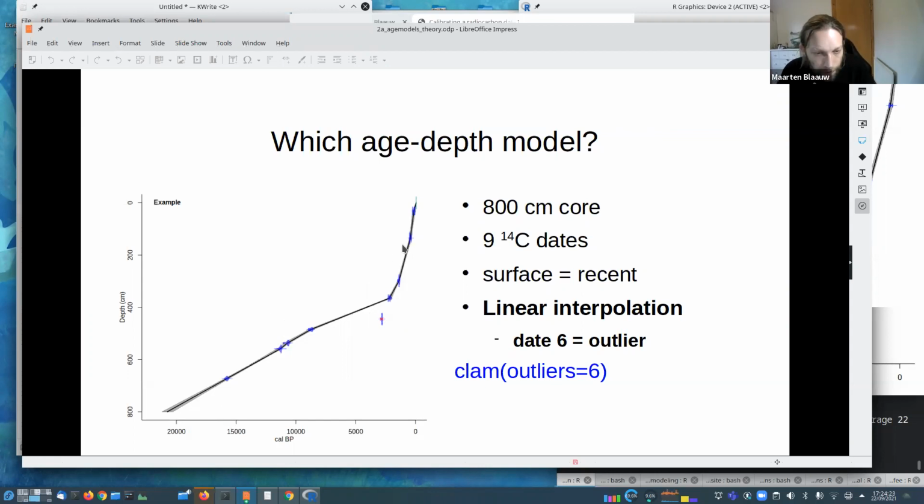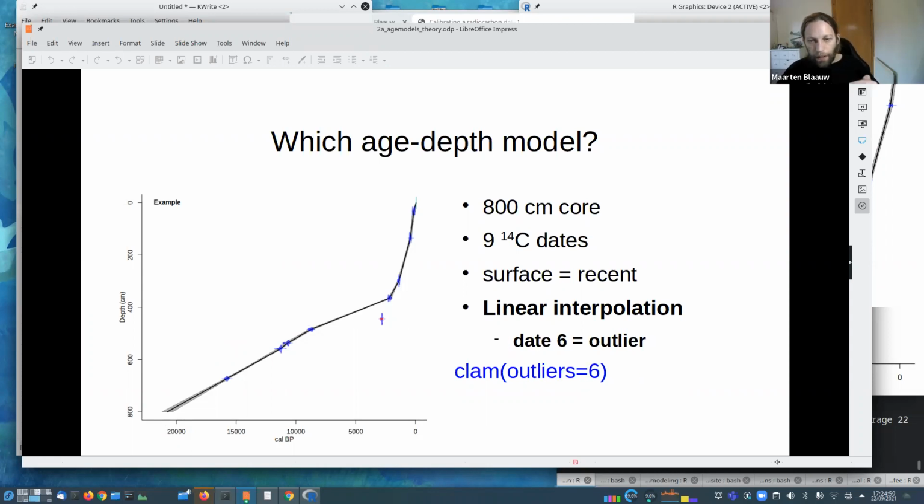Note that the lowermost dated level is around 700 centimeters depth, or 680. And beyond that, I'm simply extrapolating my straight line until infinity. So that's a very, very dangerous thing to do, but it can be done. And we then get an age estimate for 800 centimeters depth, around 22,000 years old. Very, very dangerous. So please don't try this at home. Well, if you're at home, you can do that.